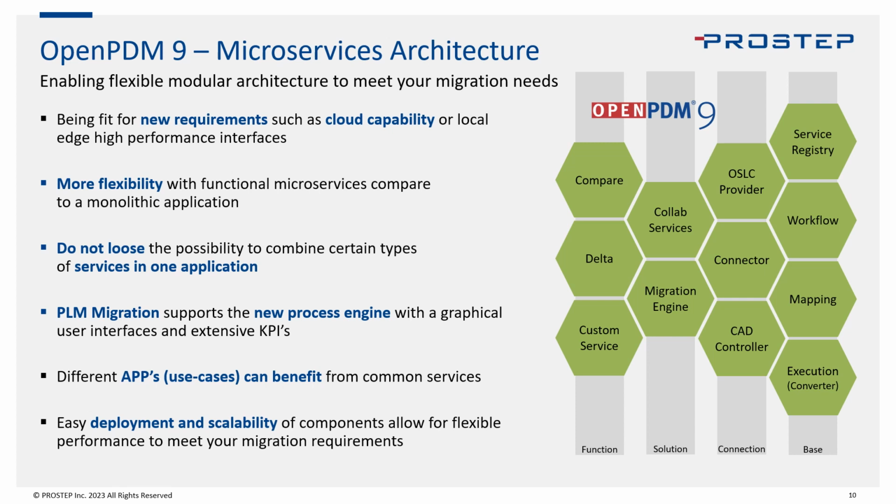We've got different services for doing delta comparison, for mapping, for batch process translation, and a registry service so that you know where all the different components and connectors are. If I've got X amount of connectors, I can go through and see which one's free and then process more data through that one.